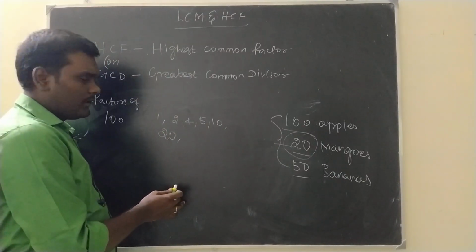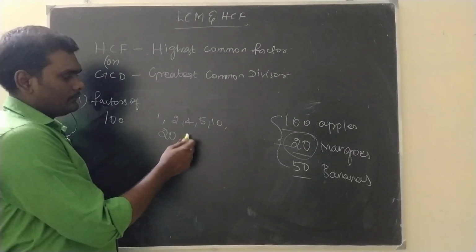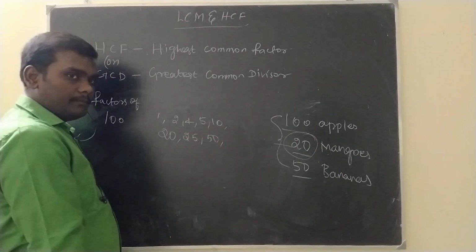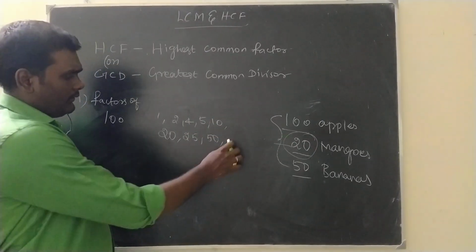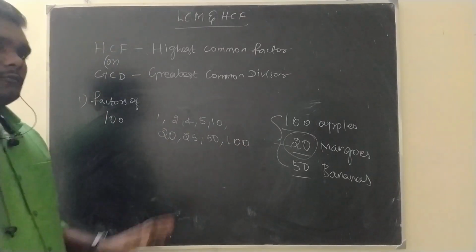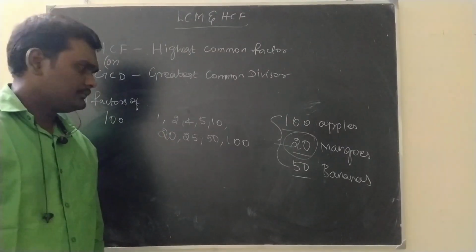Is 15 a factor? No. And after that, 25, 50, more than 50 there is no factor, only 100. That is all. Only these are all the factors of 100. Any other numbers did I leave? Can you say?